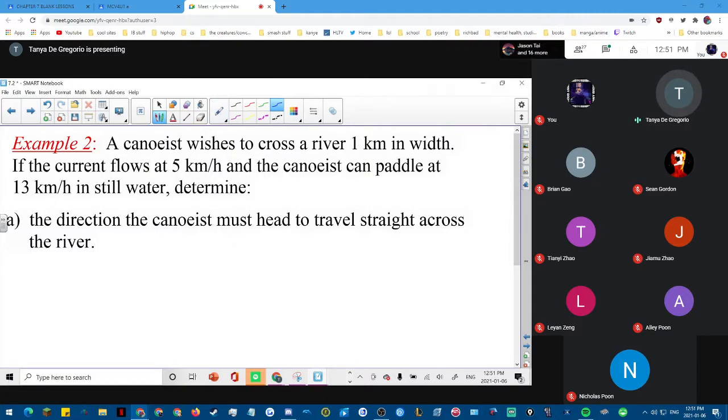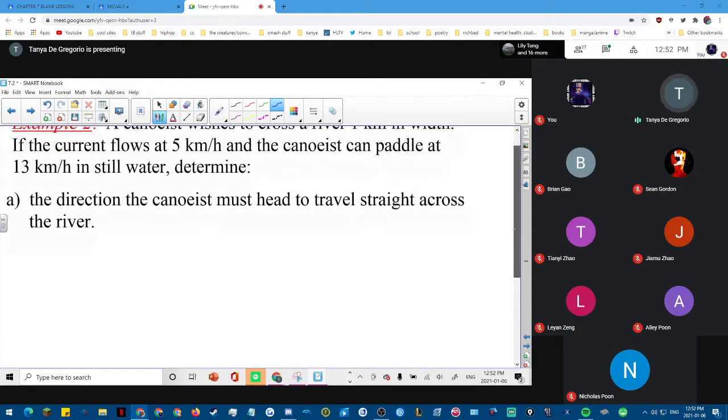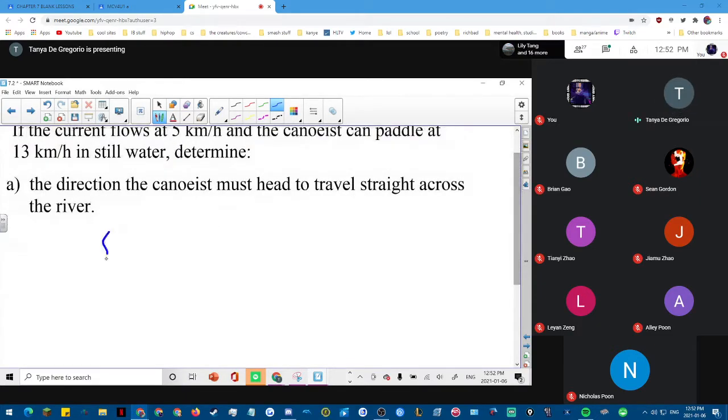Okay, so a canoeist wishes to cross a river 1 kilometer in width. If the current flows at 5 kilometers per hour and the canoeist can paddle at 13 kilometers per hour in still water, determine the direction the canoeist must head to travel straight across the river. So let's draw this. We have a river, and I'm just going to draw my river like this.